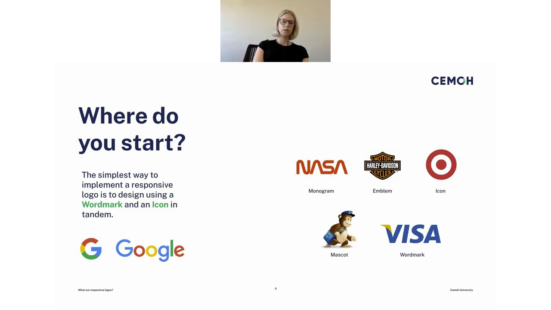And for a small business, working with that sort of icon and word mark set makes it more manageable for you to have a logo that will work across your mobile assets, your digital campaigns, your social media, and still be scalable to work across your print assets and something as big as a billboard.